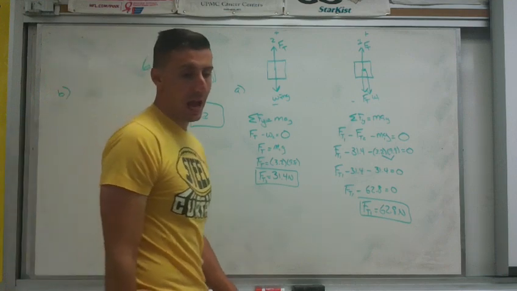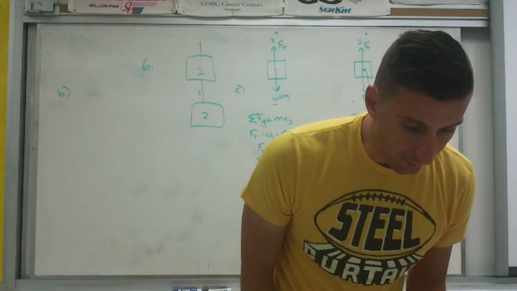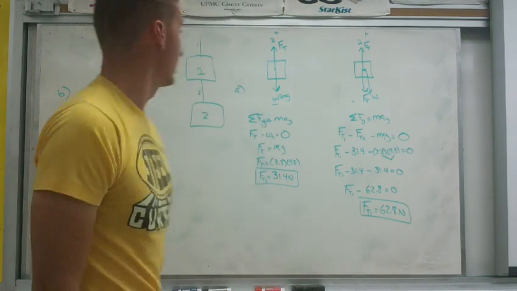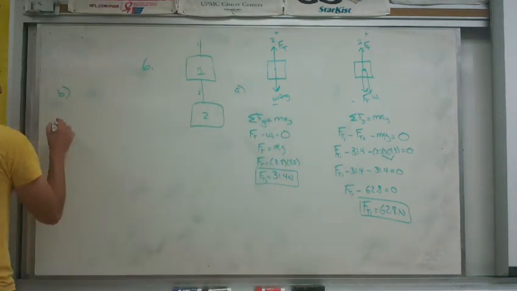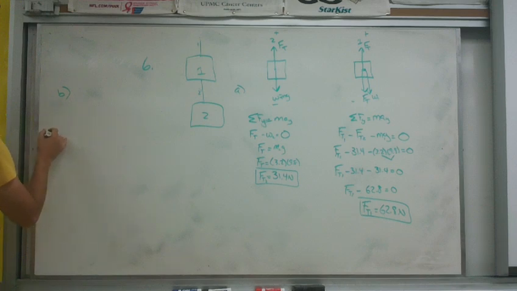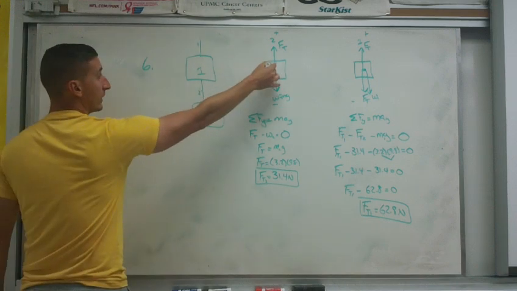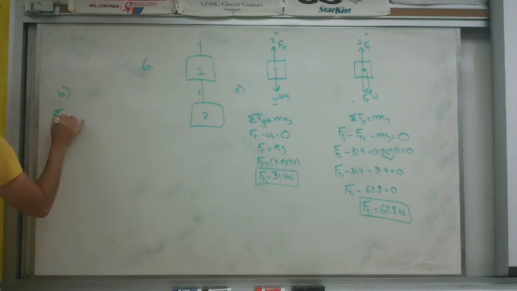Same thing, except now it's asking if you pull the buckets up and they have acceleration. So the only thing that changes is your equation here. Now you have acceleration. So I'm going to start here with bucket 2, using this free body diagram. Summation of the forces in the y equals may.